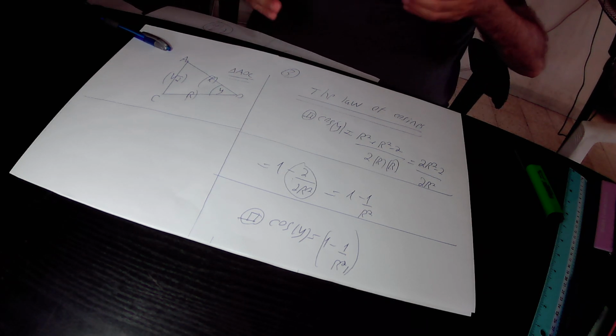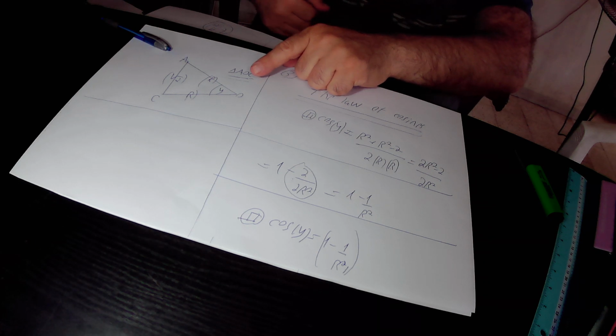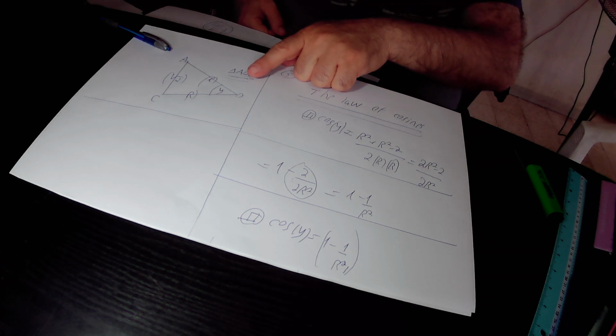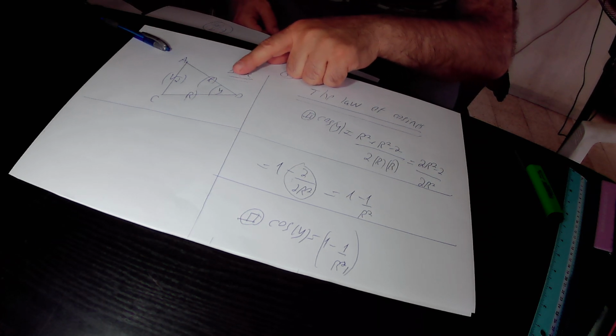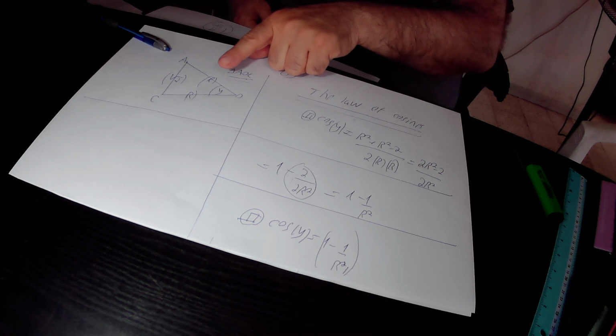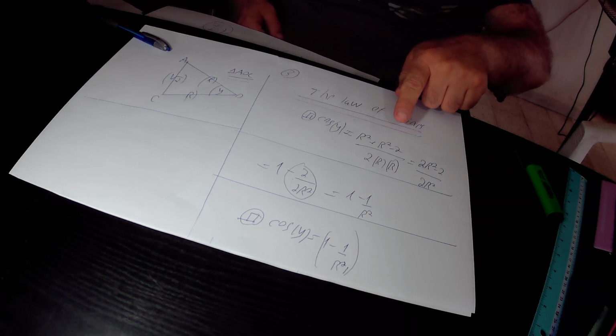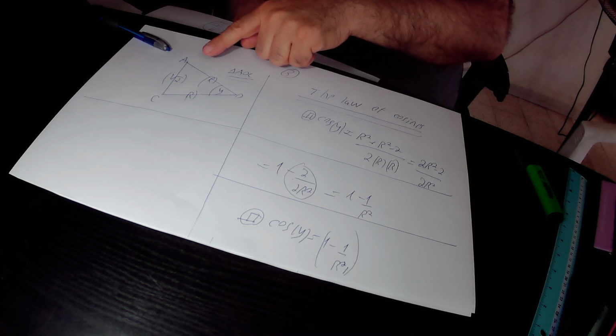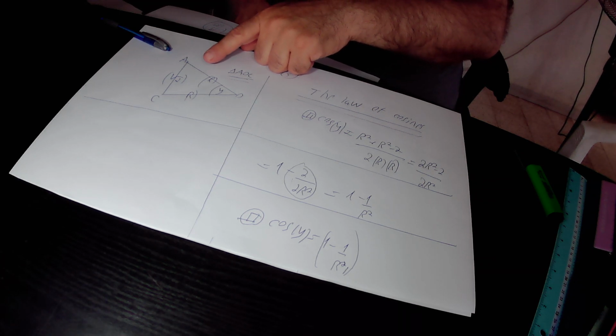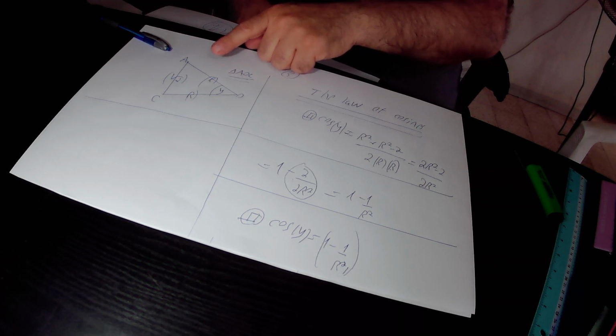So according to the law of cosines in this second triangle AOC, cosine y equals AO square. AO is R, therefore AO square is R square, plus CO square. CO is R, therefore CO square is R square. So it is R square plus R square minus AC square. AC is square root of 2, therefore AC square is square root of 2 squared, that is 2.